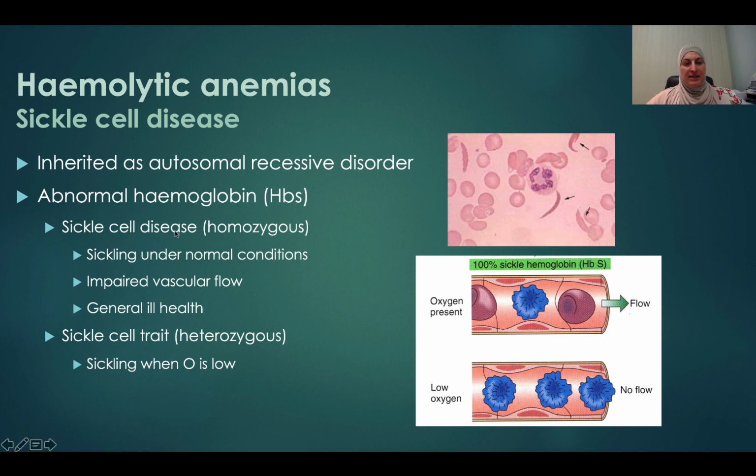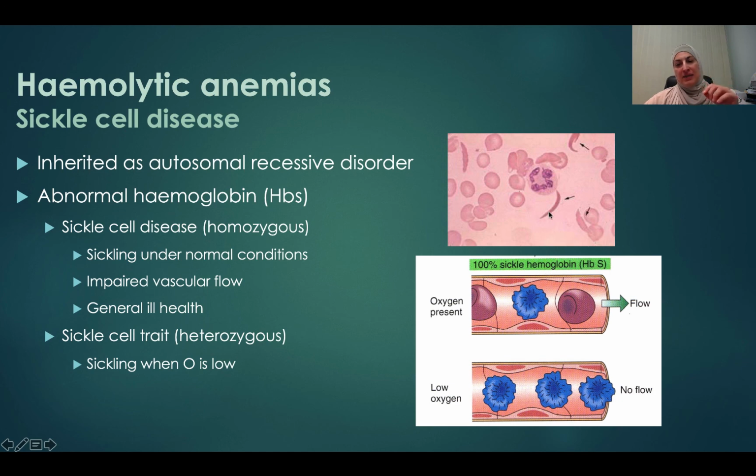In sickle cell disease, when all of the copies of the hemoglobin are defective, they are hemoglobin S. In this case, with any problem or any infection or any trigger, or sometimes spontaneously, the patient will have sickling of the RBCs.